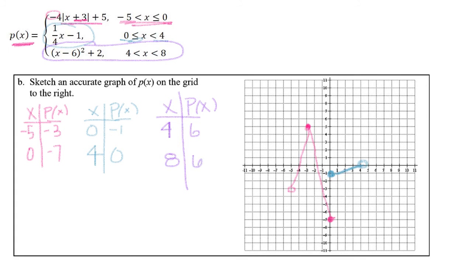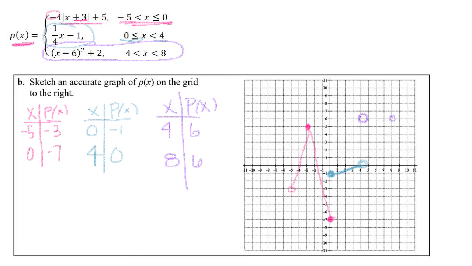So, oh me, we got some strangeness, but this is a parabola. It's supposed to make a U, so it's not completely wacky that it's like that. So let's look, and both of those are open circles. So we have 4, 6, so 4 and then up 6, and that's an open circle, and then 8, 6.